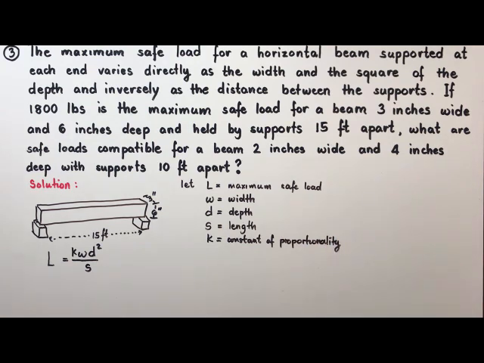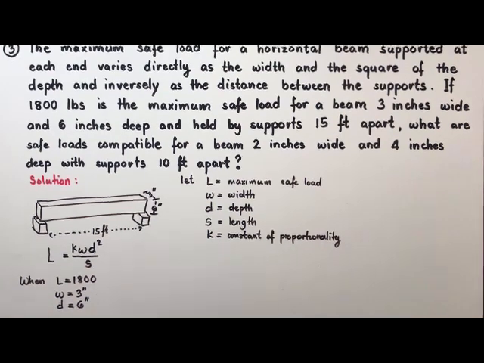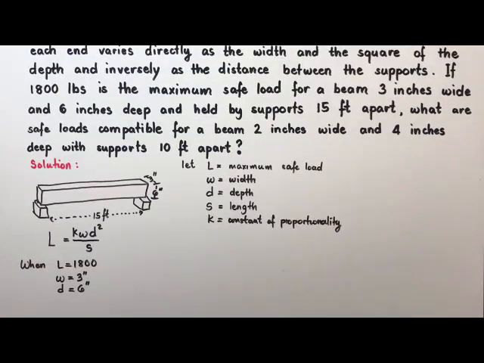And according to the problem, when the load is 1,800 pounds, it is the maximum load for a beam of 3 inches wide and 6 inches deep, with the distance between the two supports, which is 15.